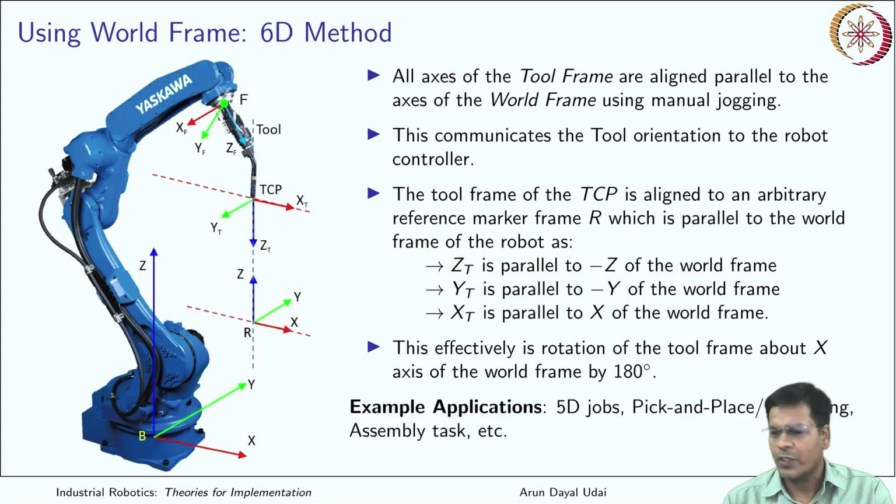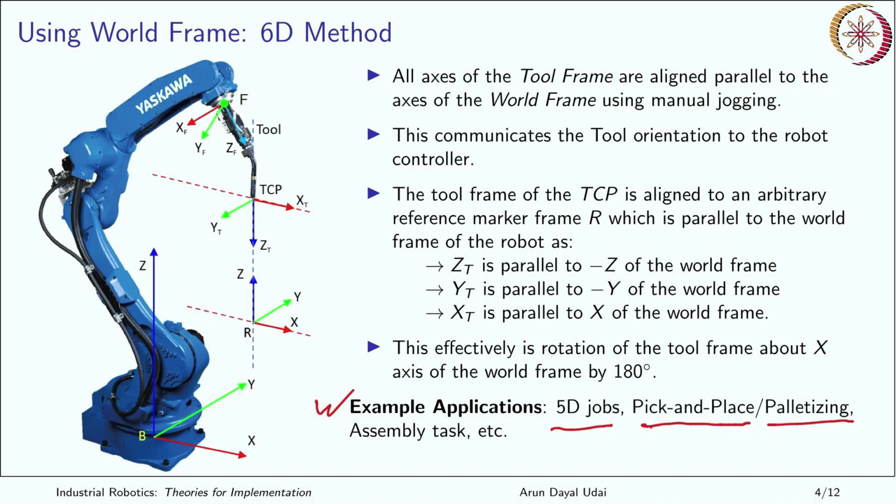Yes, there are many applications now. Few of them are 5D jobs. All the jobs which are 5D in nature, like welding and laser cutting, can be done with the 6D method of calibration also. Apart from that, pick and place tasks, palletizing tasks, and assembly tasks specifically require 6D calibration.